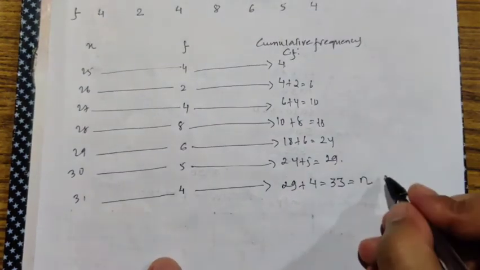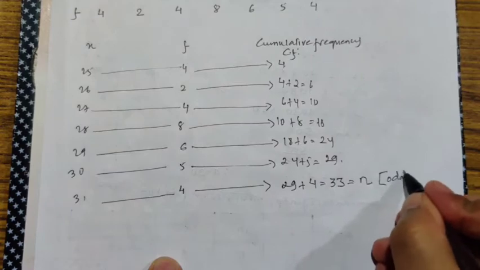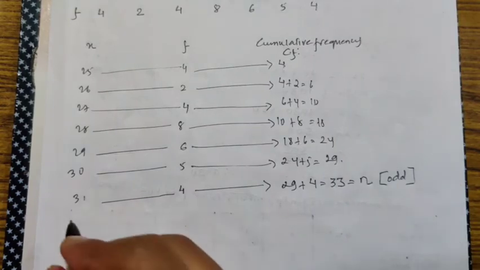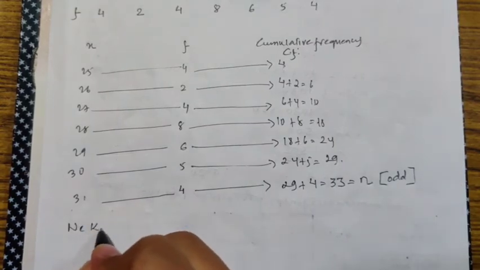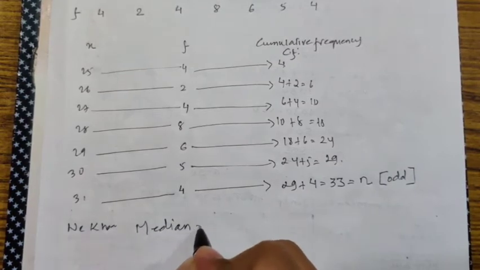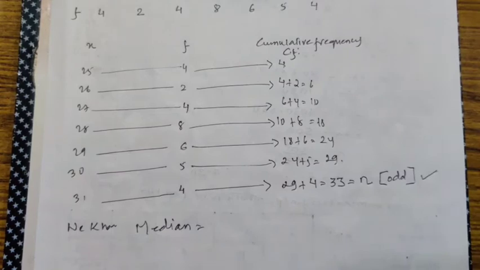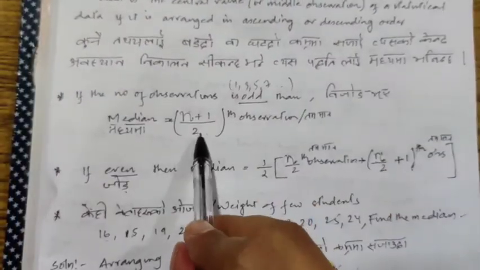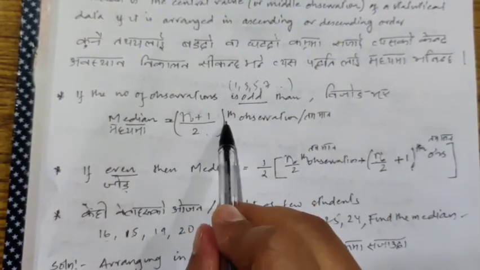Is 33 odd or even? It is odd. Okay people, so when n is odd, what's the formula? I've taught you people. It is this one. Do you all remember? See how to write.